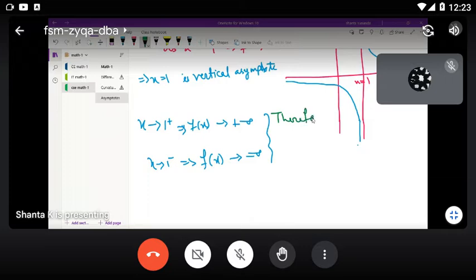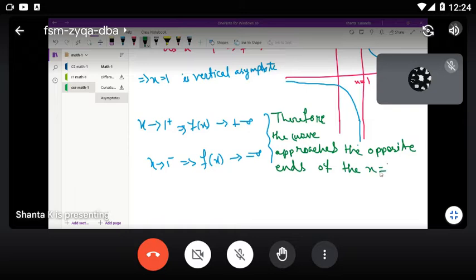Okay. So here you can write: therefore, the curve approaches opposite ends of the asymptote x equals 1 from the two sides of the asymptote.